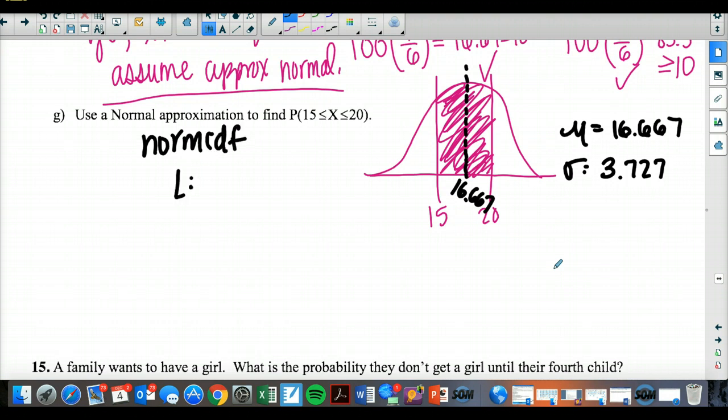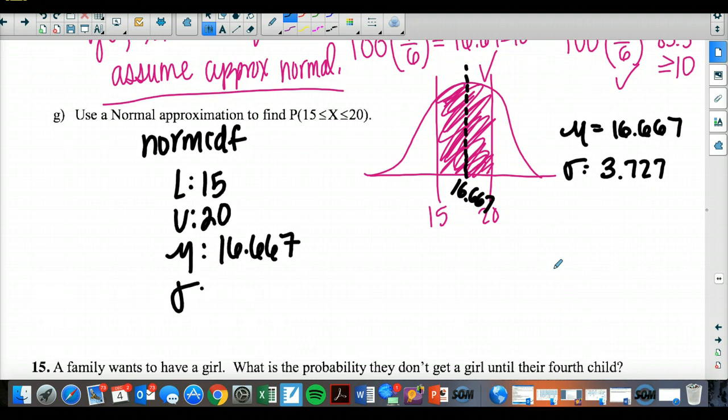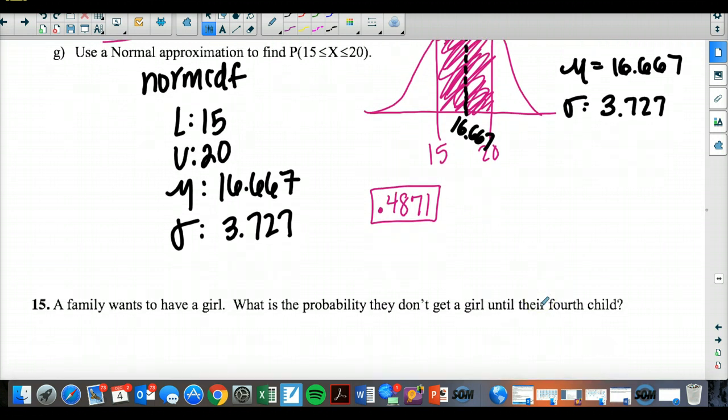My lower is 15, my upper is 20, my mean is 16.667, and my standard deviation is 3.727. And the answer is 0.4871. Make sense?